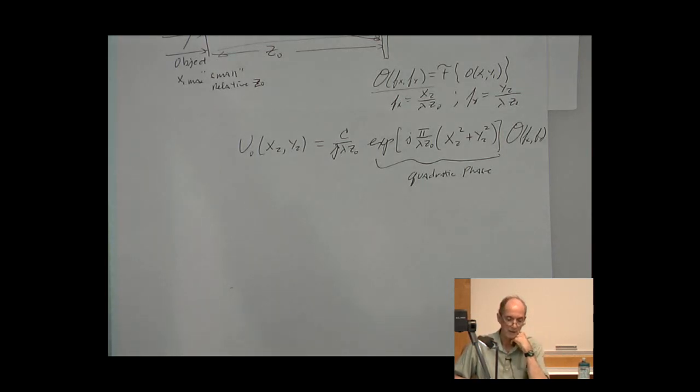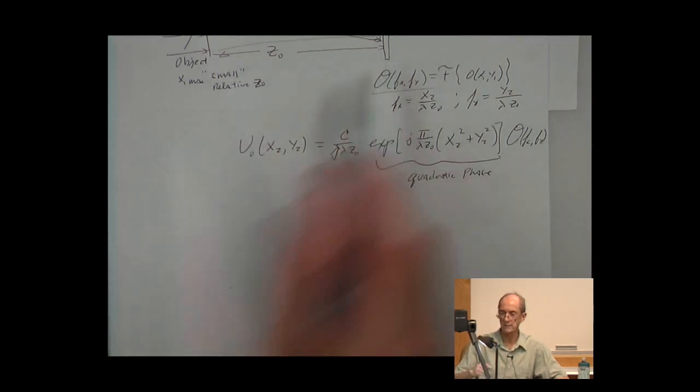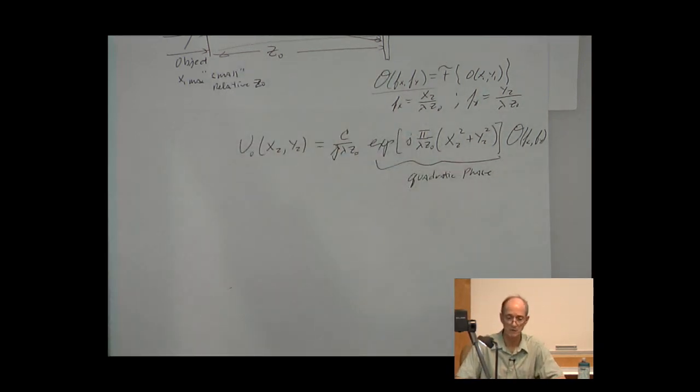Now, again, one of the areas where this is quite useful is in microscopy, all right? In microscopy, we may be looking at something like blood cells or something that are very small. The average blood cell is typically on the order of 5 to 7 microns, somewhere in that range. So if we go out here, even centimeters or so, we could still be in the far field from that object.